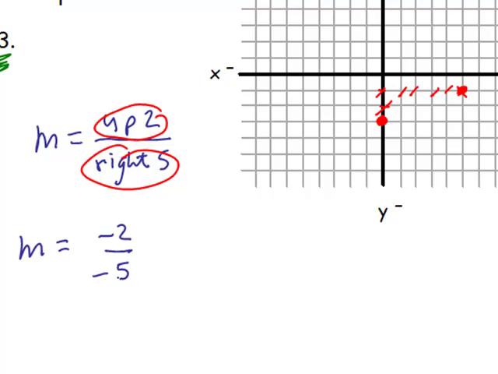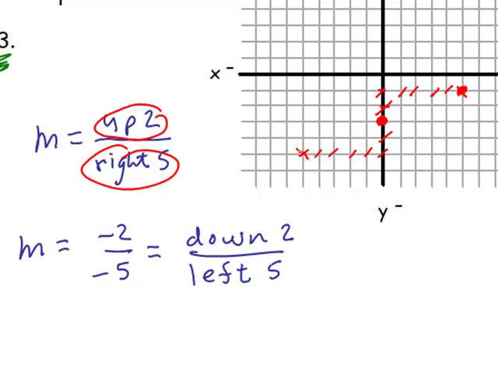Still, it has the value of 2/5, but now we can treat it as down 2 and left 5. And we'll go back to our y-intercept point and go down 2, and left 5, 1, 2, 3, 4, 5. And so there's our other point. And it looks like that's about all we can do.